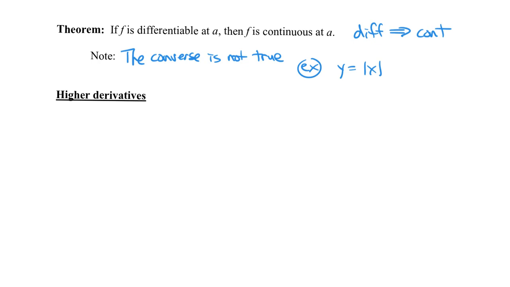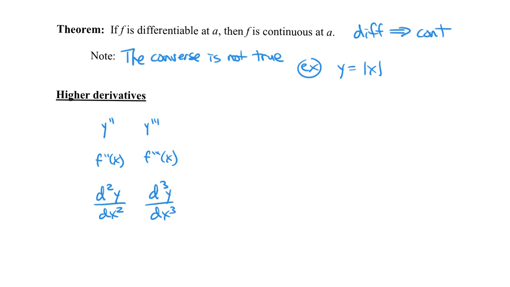We'll see something like y double prime for the second derivative, maybe y triple prime, or maybe you'd see f double prime of x for the second derivative, or f triple prime of x. You might see something like d squared y dx squared.